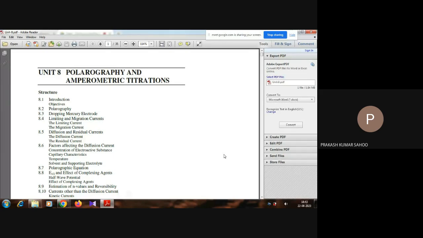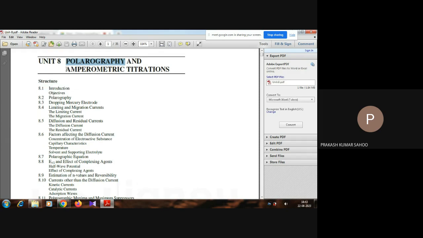So this is the next unit, unit 8, related to polarography and amperometry. As I already told you, polarography is just a parallel version of voltammetry, and in amperometry we study current, meaning the current remains fixed at a constant value, and the change in potential we will measure.